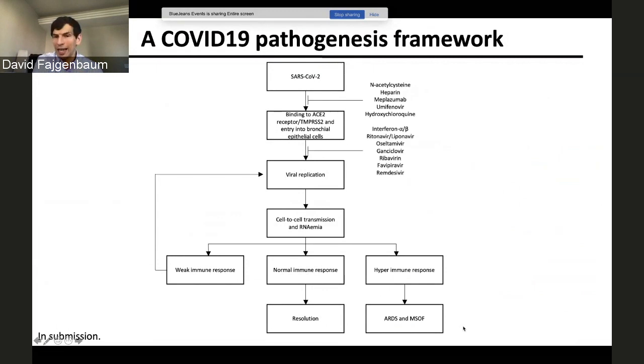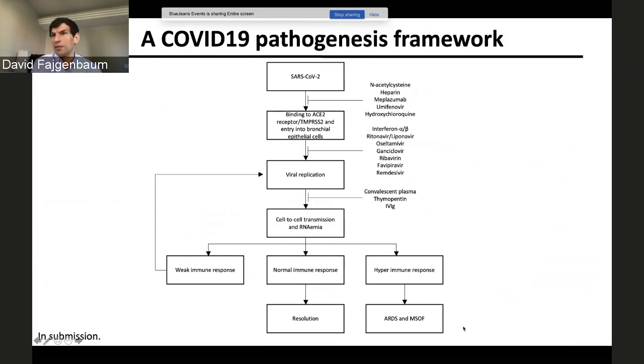And then these next 7 compounds listed here are all believed to be able to interfere with viral replication. So these are antivirals that have all been given to humans with COVID-19. And then these are 3 approaches that can block, once the virus is replicating in cells, cell-to-cell transmission of COVID-19.